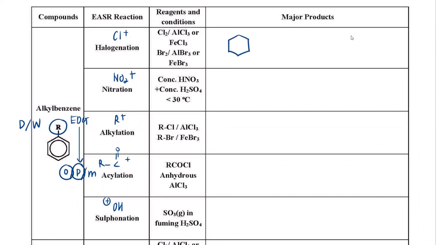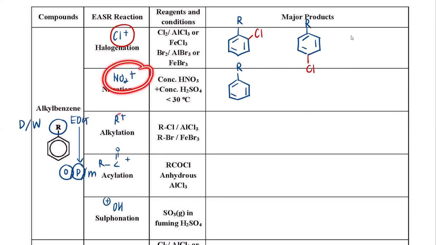You can draw this one as benzene, and this is your R. Later when Cl comes in, it will go to either ortho or para. This is ortho, or para. Same thing with nitrations.